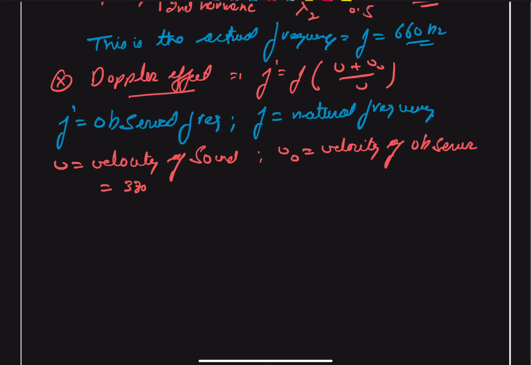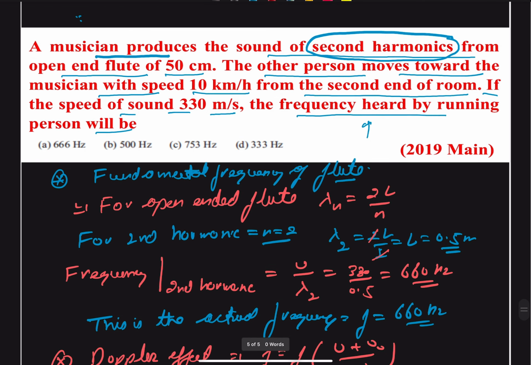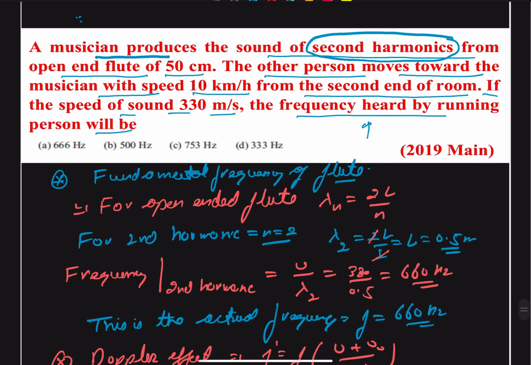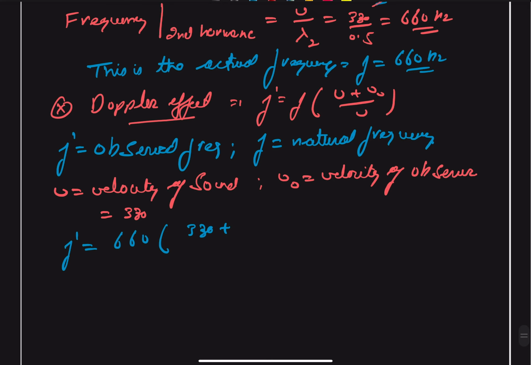We get F prime will be equal to 660 times (330 plus the speed), and the speed is given as 10 km per hour, so we convert it into meter per second. Okay, so the observer speed is given as 10 km per hour, so this comes to approximately 2.78 meter per second.